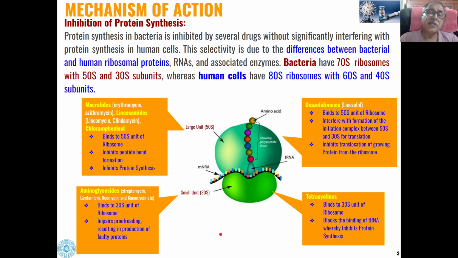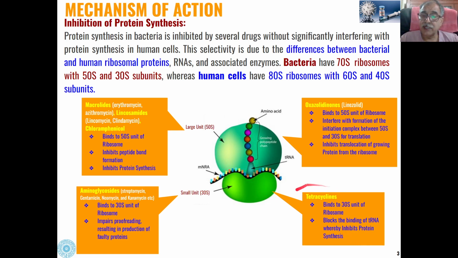As far as the mechanism of action of these antibacterial agents is concerned, these agents can either inhibit the activity of the smaller subunit, or they can inhibit protein synthesis at the larger subunit. Depending upon which subunit's activity is inhibited, different classes of antibacterial agents have been classified.